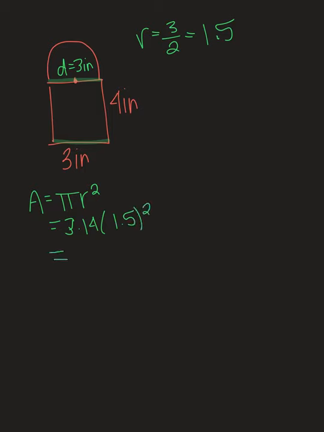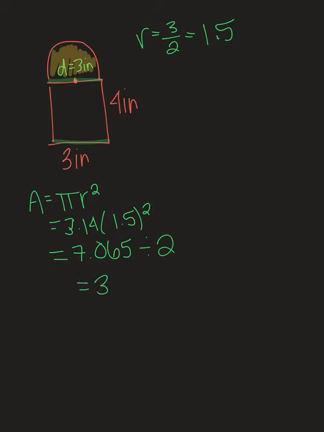And then you can put that in your calculator, and you should get 7.065. And this would be just the area of the circle. But we only have half of a circle, so we're not finished. We actually have to divide this by 2 because we do only have half of a circle.